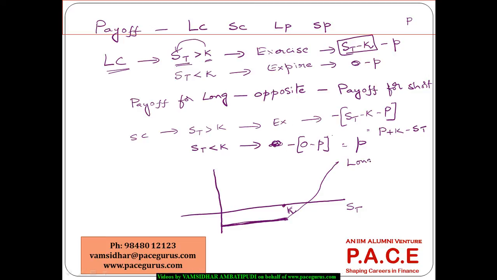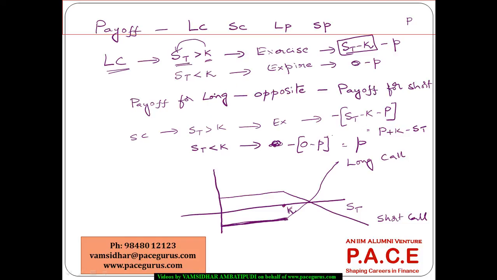So this goes for a long call position, whereas exactly the opposite goes for a short call position. So this is a short call position and this is a long call position, right?